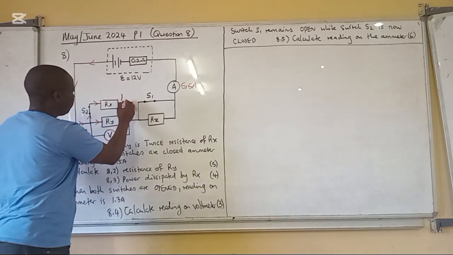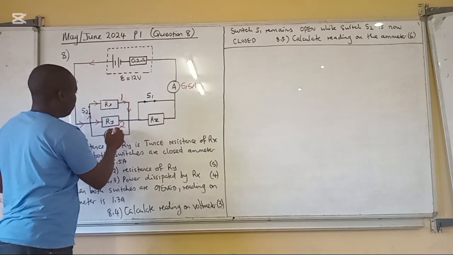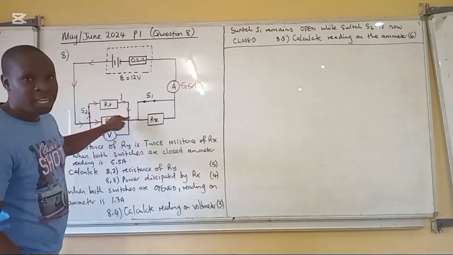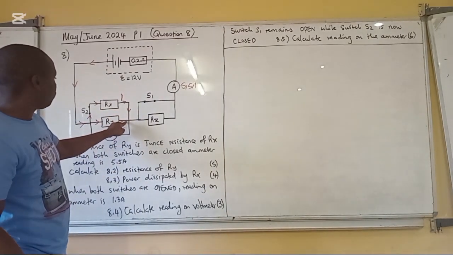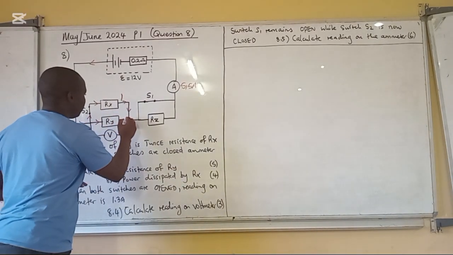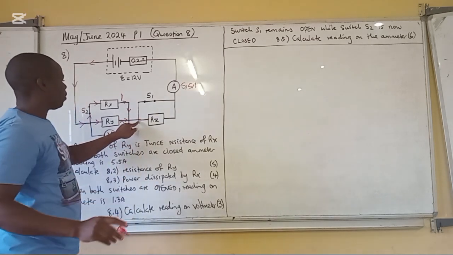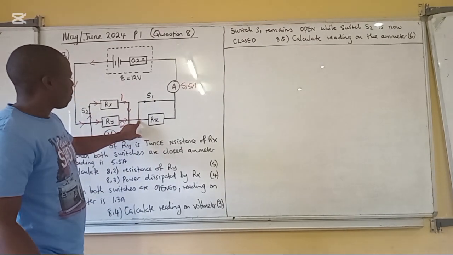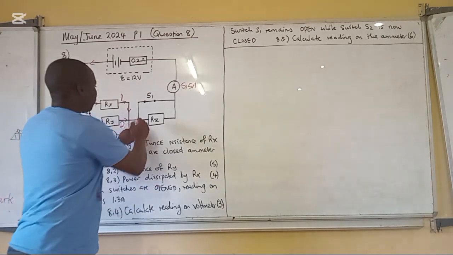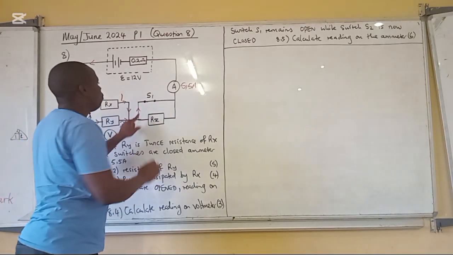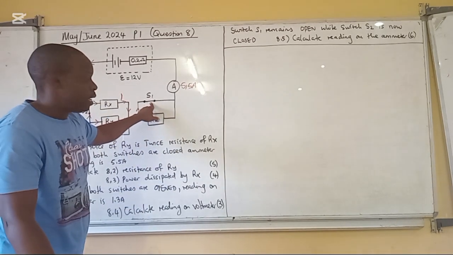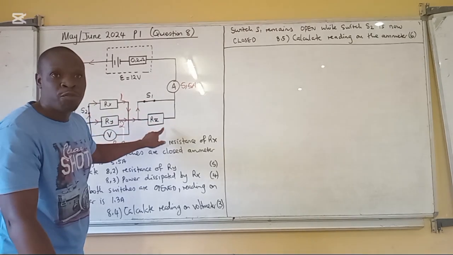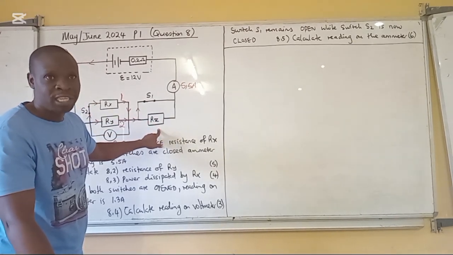Then it will flow down here. Current from Rx will combine with current from Ry at this point. When current gets to this point, all the current is going to flow through switch S1. No current will flow through resistor Rz.